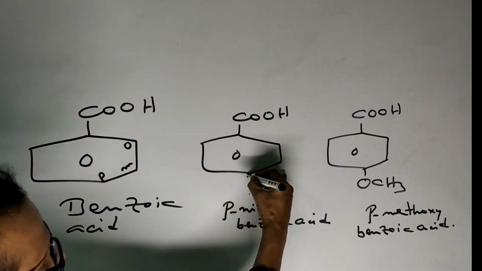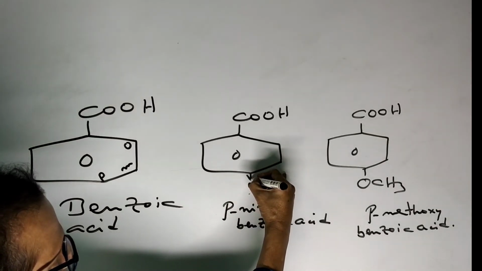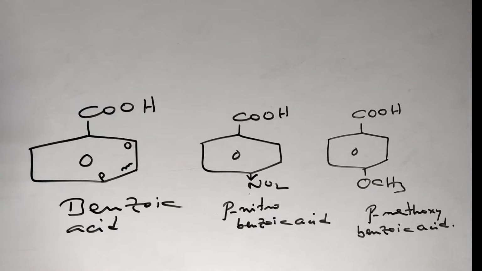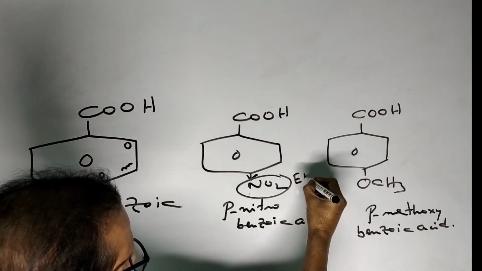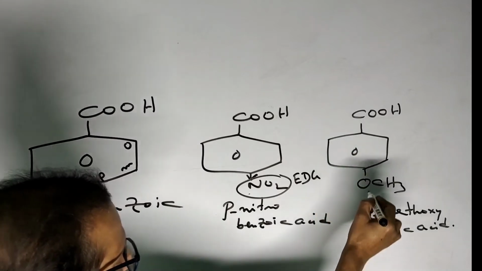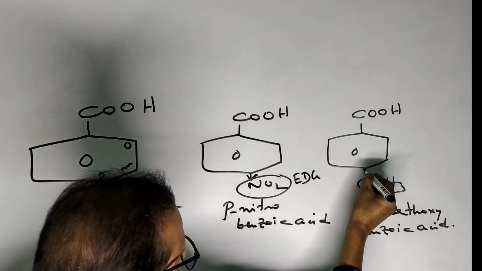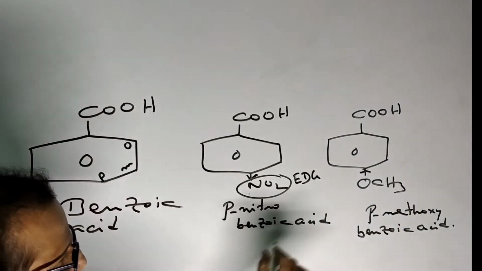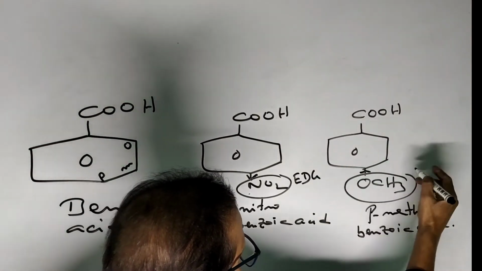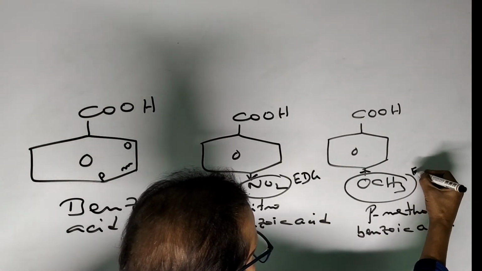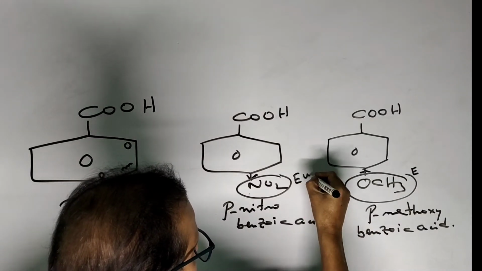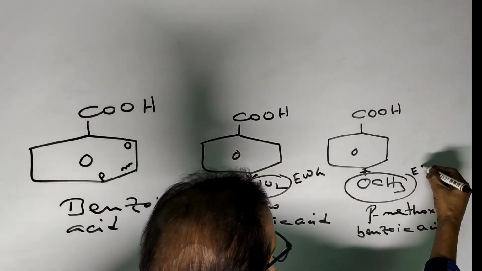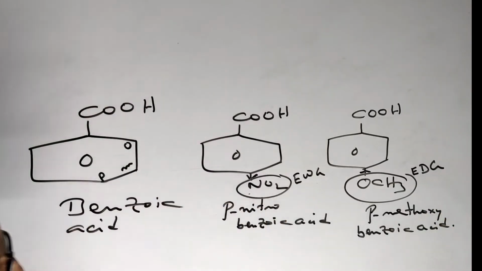You know that the nitro group has electron withdrawing nature, and the alkoxy group, always put an arrow, has electron donating nature.